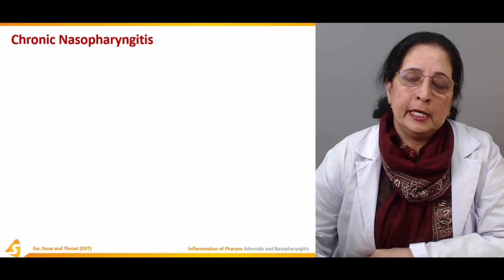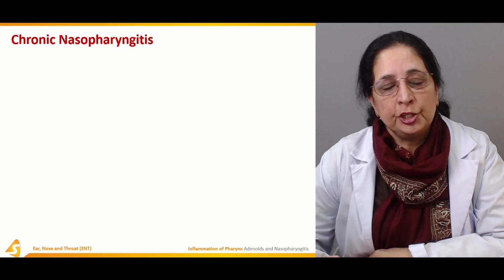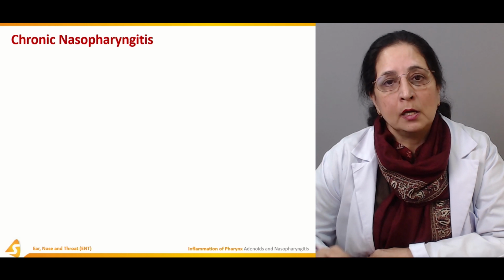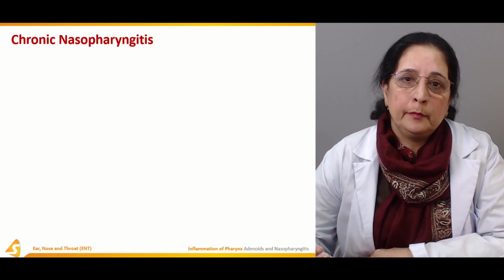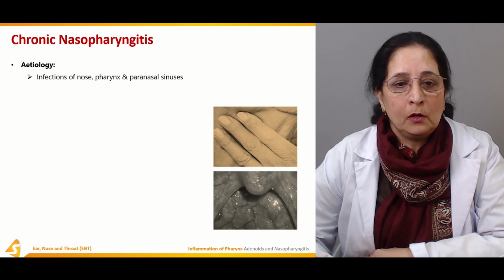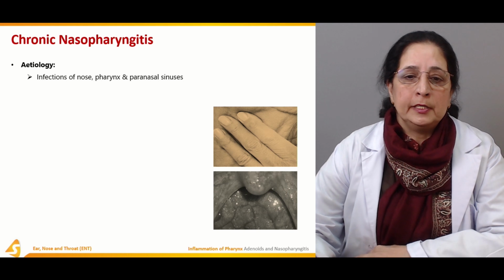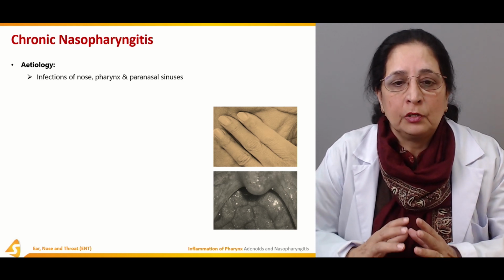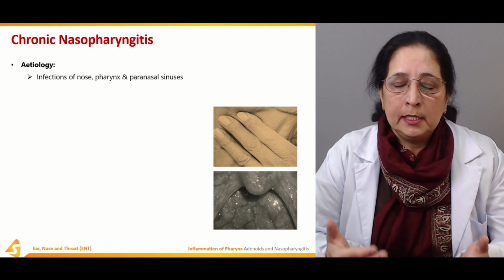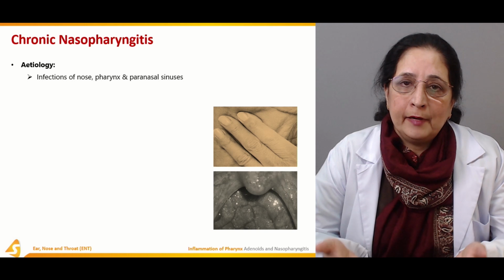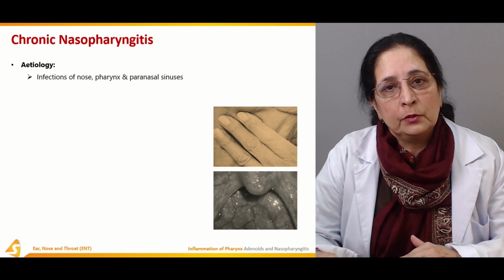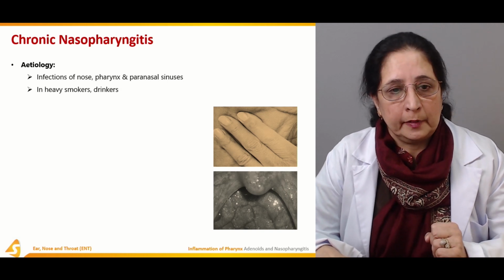Now, chronic nasopharyngitis: if acute nasopharyngitis persists for a long time, or if it's recurrent, it becomes chronic nasopharyngitis. The causes include infections of the nose, pharynx, and paranasal sinuses. So sinusitis, pharyngitis, and rhinitis can lead to chronic nasopharyngitis.